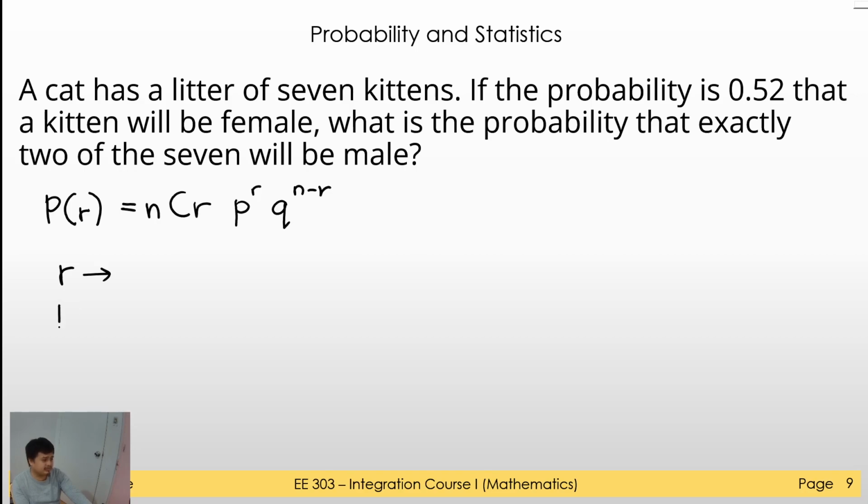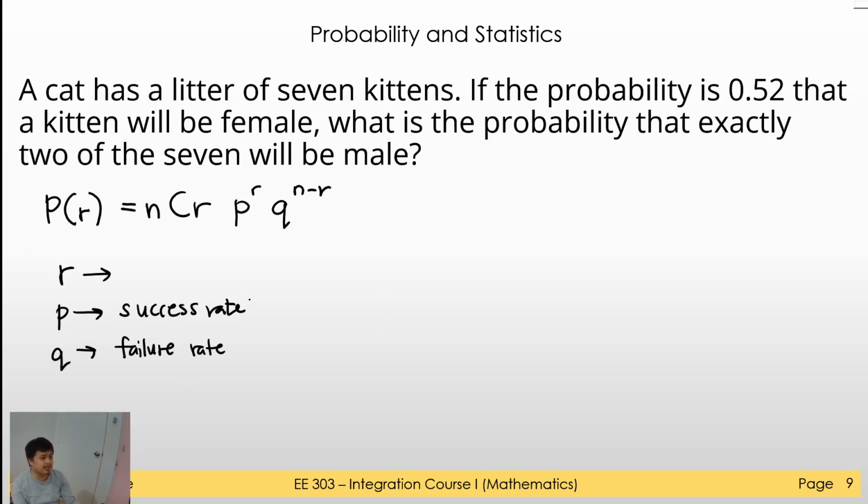For this case, let's say 2. Then P is our success rate, and Q is the failure rate. The success rate and failure rate have a unitary relationship: if we add P and Q together, this should be equal to 1.